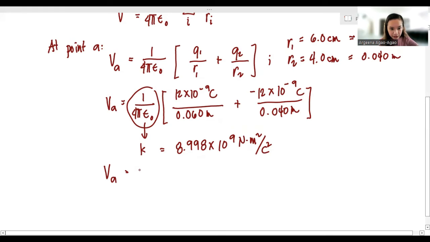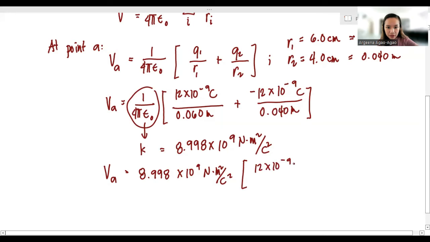Now substituting K, we have 8.998, or you can use 9 times 10 raised to 9. So you can round it off and use 9.0 times 10 raised to 9 times the quantity of 12 times 10 raised to negative 9 coulomb over 0.060 meters plus negative 12 times 10 raised to negative 9 coulomb over 0.040 meters.